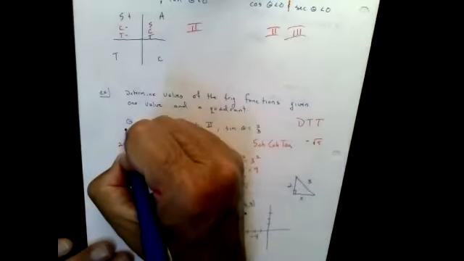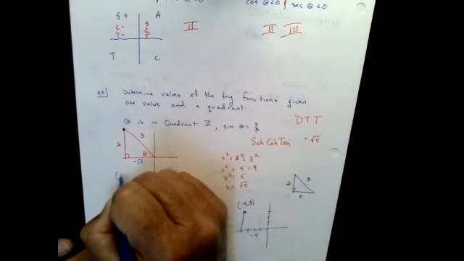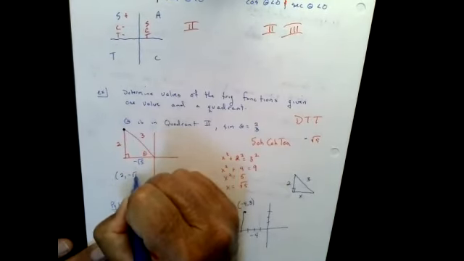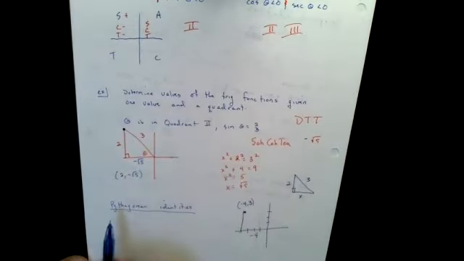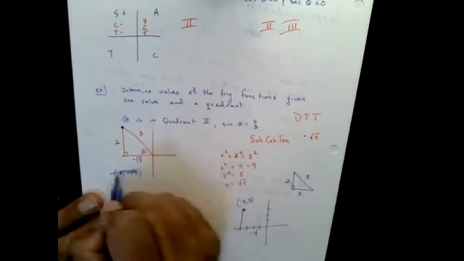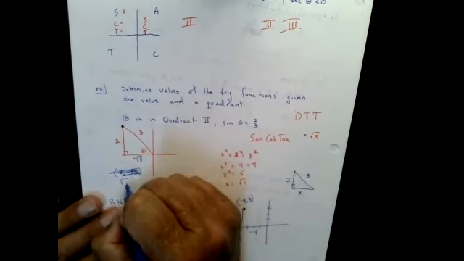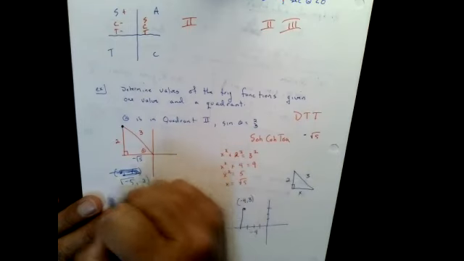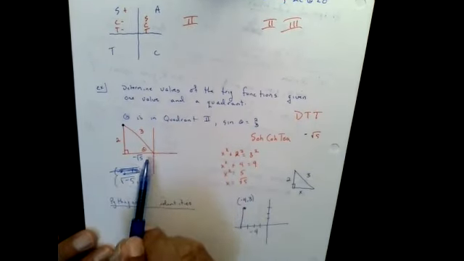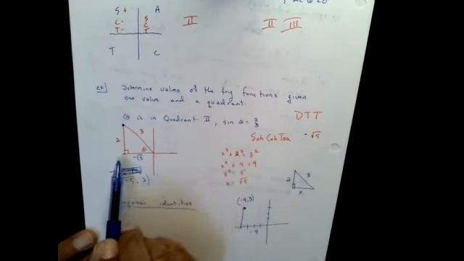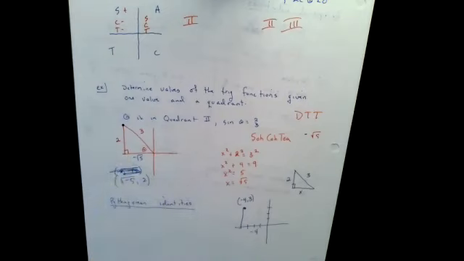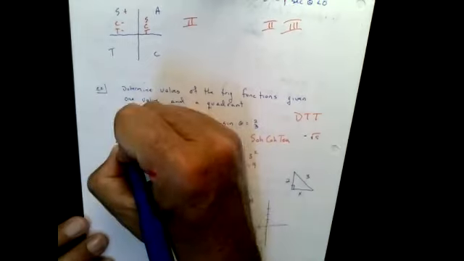So this point right here has the coordinates of square root of negative 5, comma 2. Because I went this direction, square root of negative 5, then I went up 2. So that's this point's coordinates.